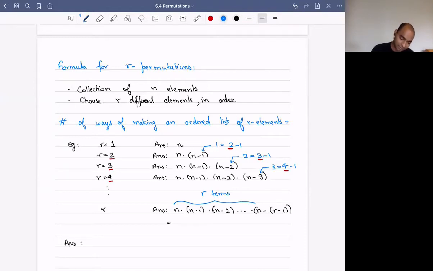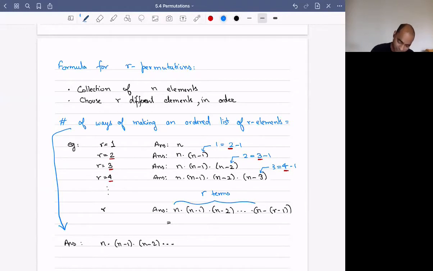The number of ways of making an ordered list of R distinct elements from a set of n elements is n times n minus 1 times n minus 2 dot dot dot.